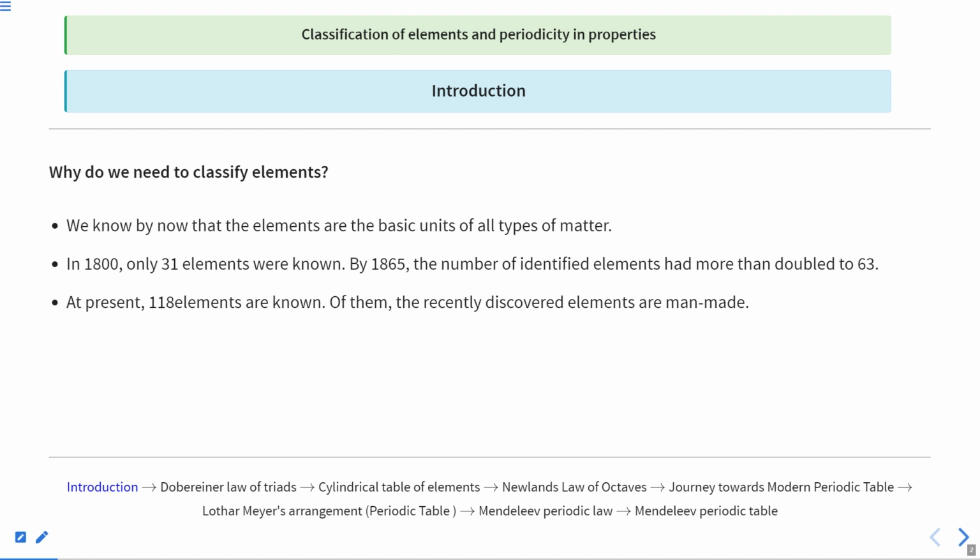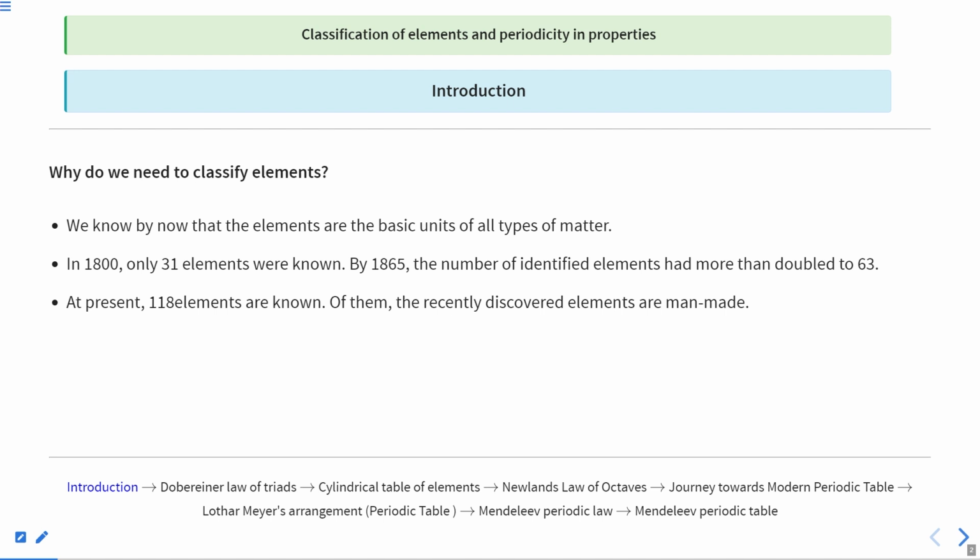That is why your exam also focuses mainly on the trends in physical and chemical properties, because we want to study the properties of elements in a more designed, more progressive way, so that you don't have to remember each of them individually.